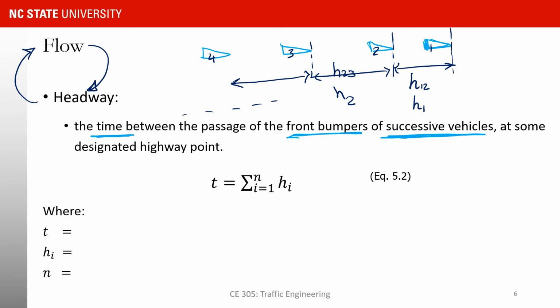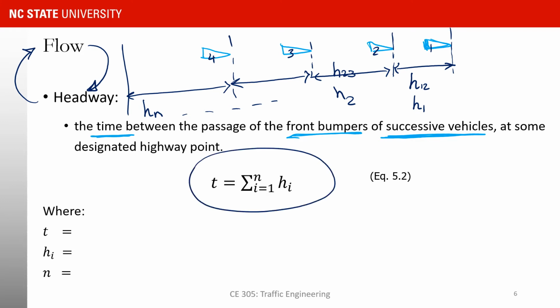So if you sum all of these headways, what does it tell you? The headway between the first vehicle and last vehicle. If you sum all of these, it's gonna exactly give you the entire time that you were doing that headway measurements, right?